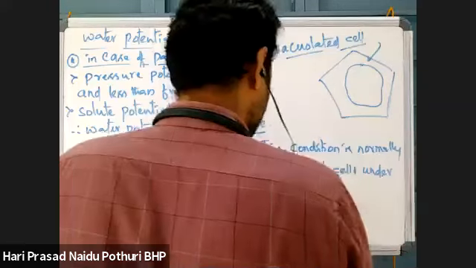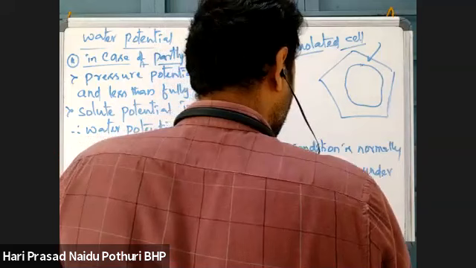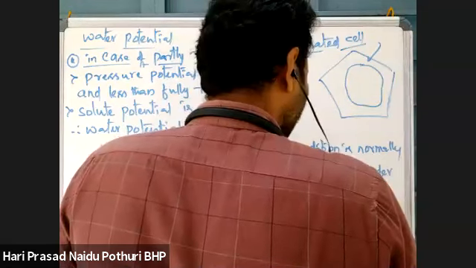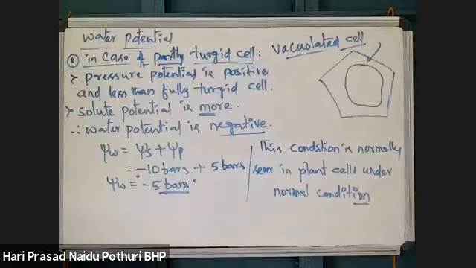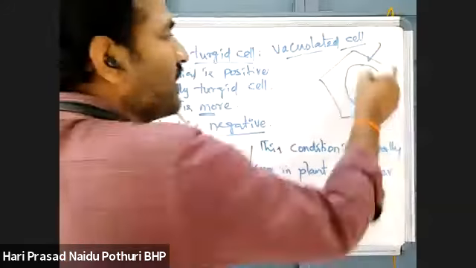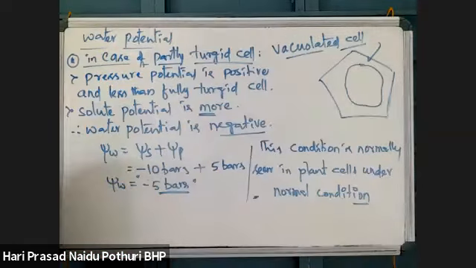Normal conditions means where availability of water is normal, not water scarcity. There is no plentiful availability of water, and no scarcity. That condition is shown normally where plant cells have an average amount of water, so it has negative water potential.